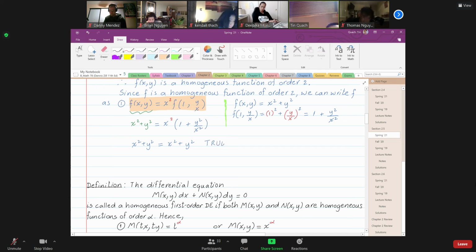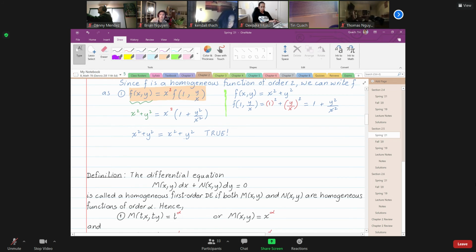So I'm trying to show you that this is true if you know the function is homogeneous. Or you can also write the function as y squared times something. I'm going to let you find out why. You just verify like how I did it up here. So this is another form.